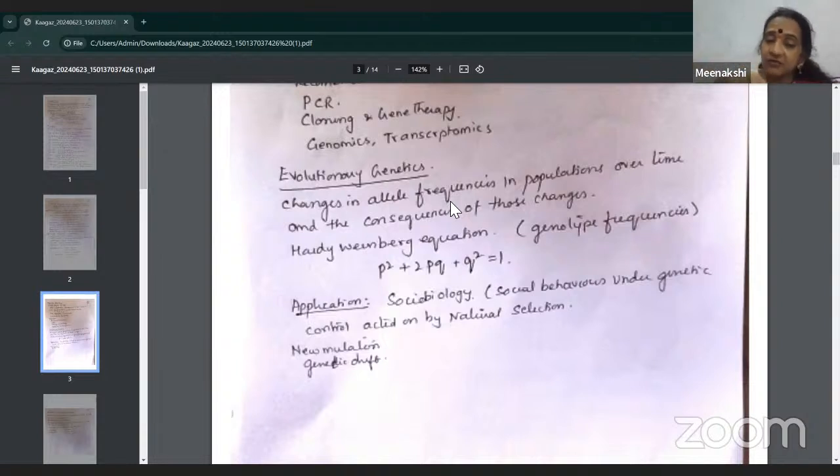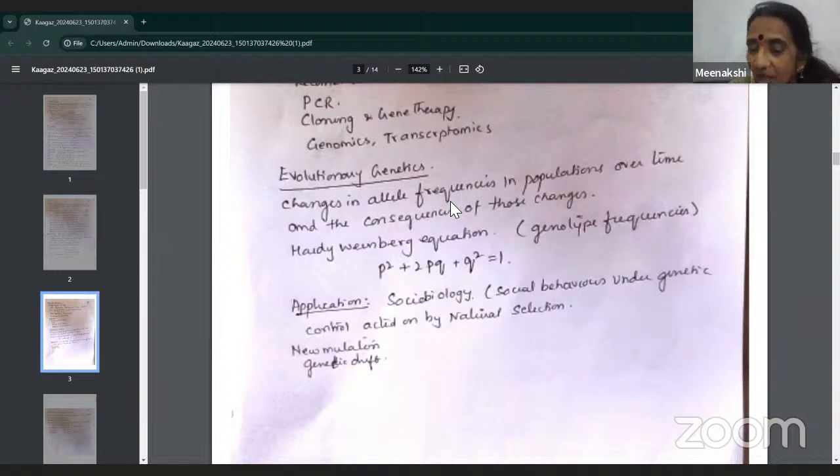So in a population, we would like to know the frequency of any kind of genes, dominant genes, for example, and recessive genes. If we know the dominant, that is desirable ones, we can sustain them, and undesirable ones can be eliminated. So to know that, we should know the frequency.